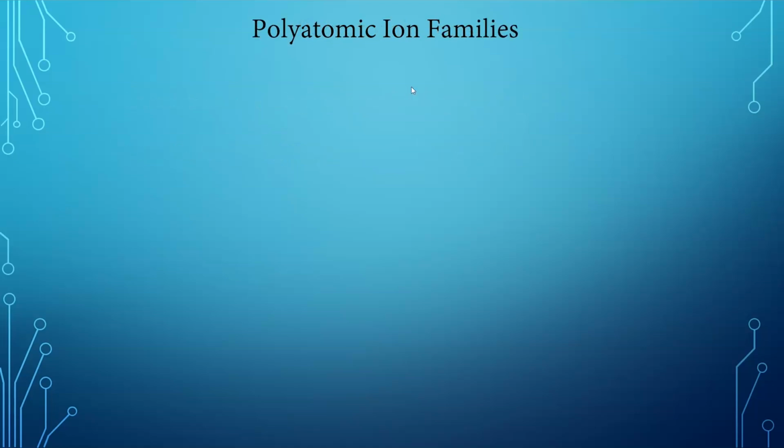Luckily, the polyatomic ions tend to fall into families. There's going to be a total of 39 of these, and that probably sounds like a huge task to learn 39 different polyatomic ions. But the good news is 36 of those 39 fall into 5 families.